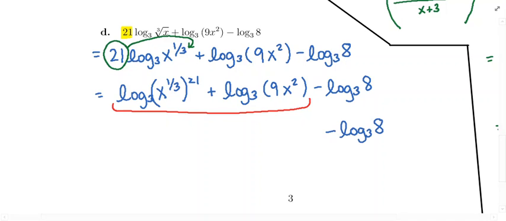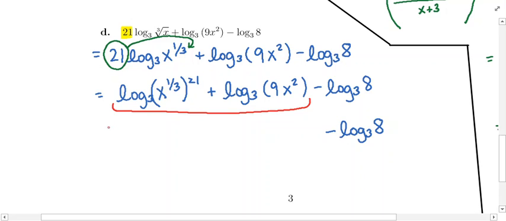The result of combining the first two logarithms, I will go ahead and write in red. So what we've got here is log base 3 of x to the 1/3 raised to the 21st power plus log base 3 of 9x squared. When we're adding two base 3 logarithms, we're going to combine them into one, and remember, addition turns into multiplication.